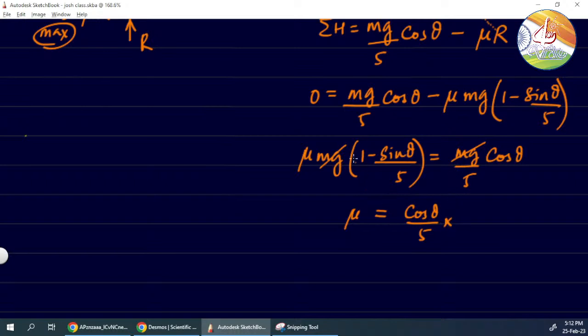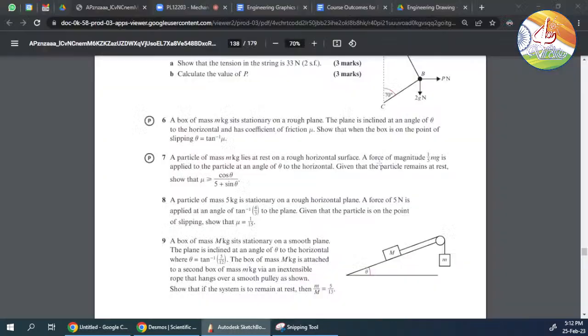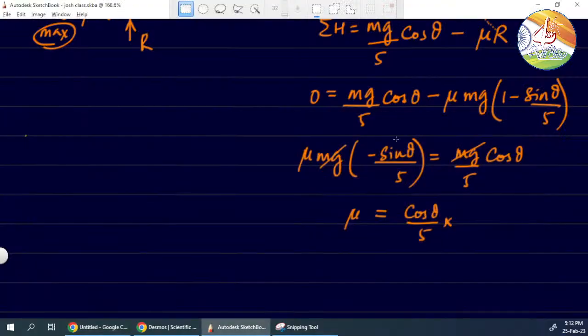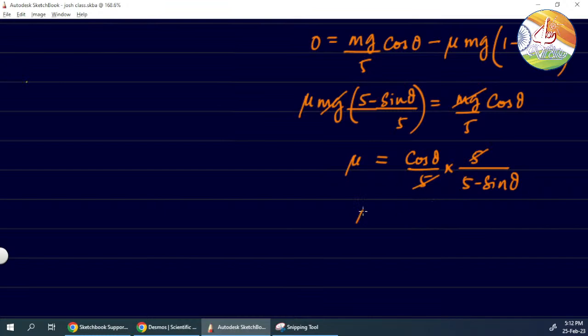First let us apply LCM here. So we get 5 minus sin theta by 5, so 5 and 5 will cancel. So mu equals cos theta by 5 minus sin theta.